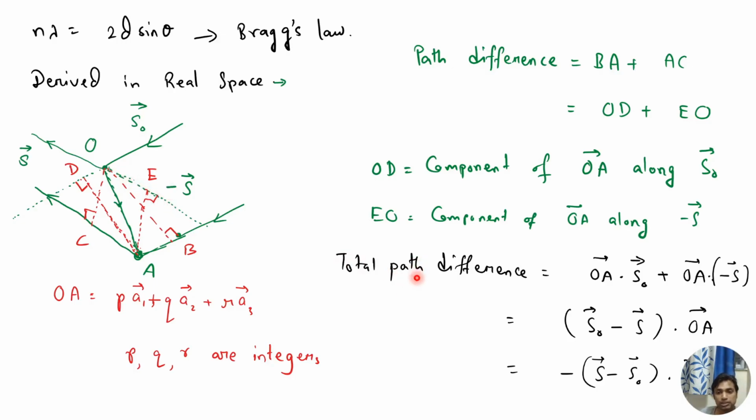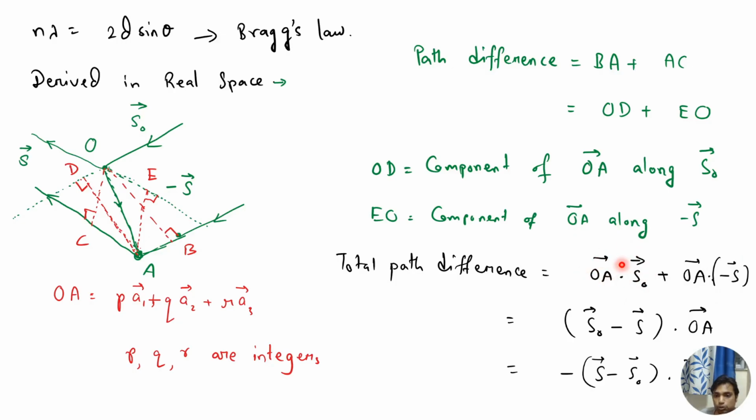So what is the total path difference? The total path difference is BA plus AC. So this BA plus AC, we are taking the parallel part OD plus EO, and OD is the component of OA along S naught. So that is OA dot S naught, and EO is the component of OA along minus S, so it is OA dot minus S vector.